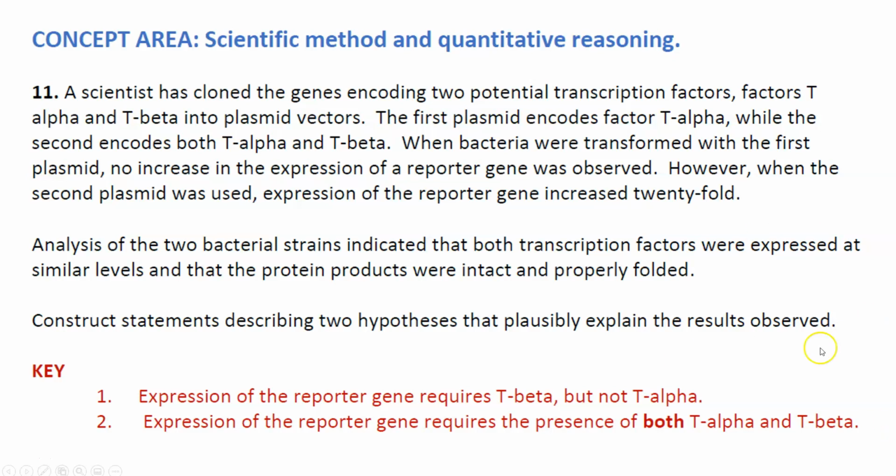So you would start with the hypothesis, and then you would do this experiment to either support or refute the hypothesis. So you're not even asked to do this. You're just asked to come up with two hypotheses that you could use. And then this is the experiment that you would use to support or refute the hypotheses.